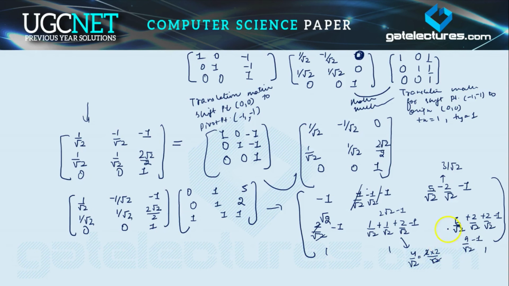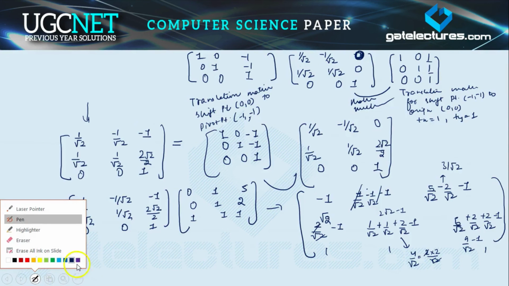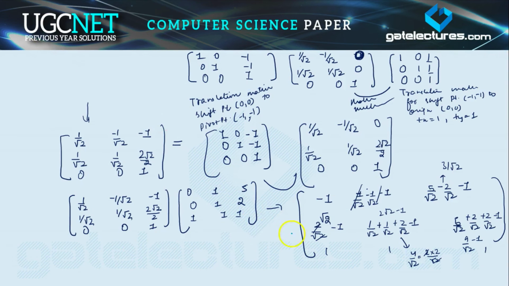Okay, so the resultant matrix is going to be, I'm writing here just because of the shortage of space, minus 1, and this is going to be minus 1. This is 3 under root 2 minus 1, under root 2 minus 1, and this is 2 under root 2 minus 1, and this is 9 under root 2 minus 1, and this is going to be 1 1 1.